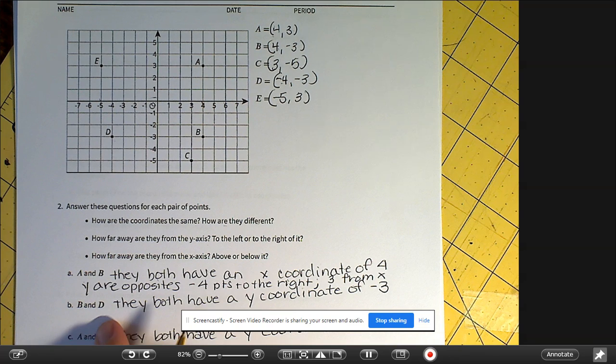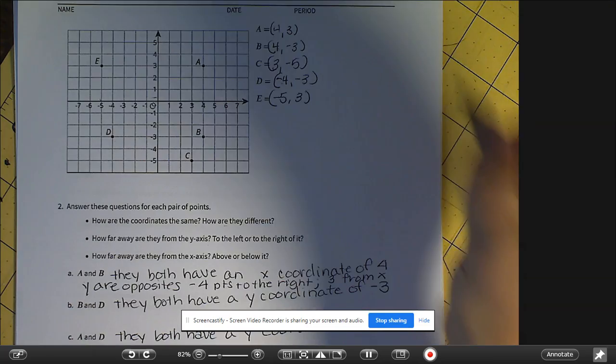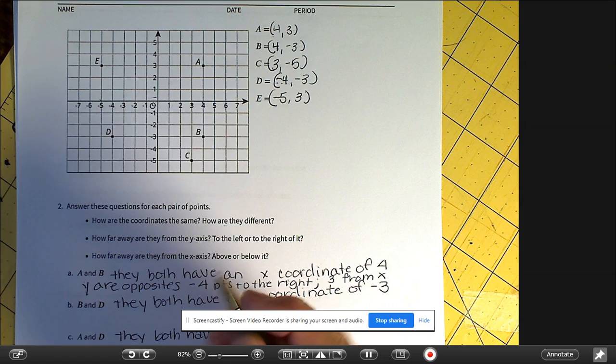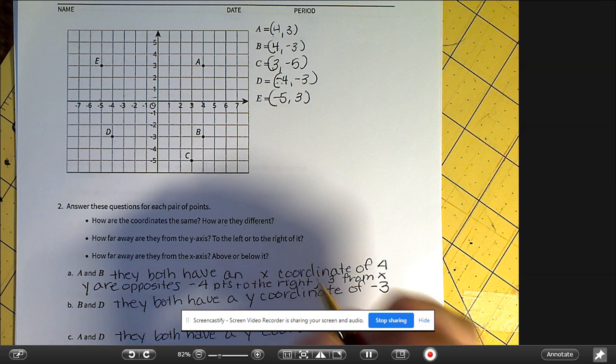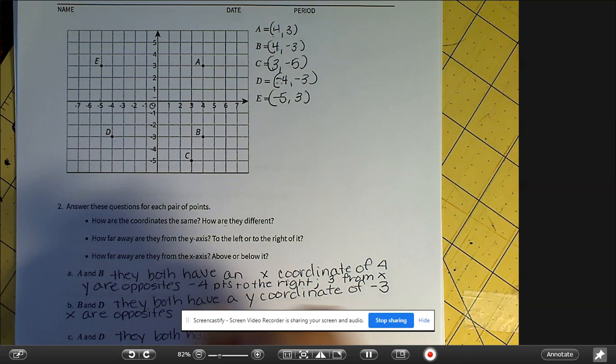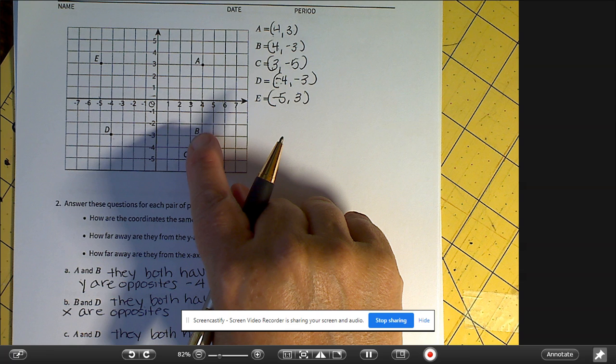Okay, and then let's do that with the next one. B and D, they both have the same y coordinate. That's how they're the same. Again, B and D are opposites; the x coordinates are opposites. How far away are they from the y-axis?